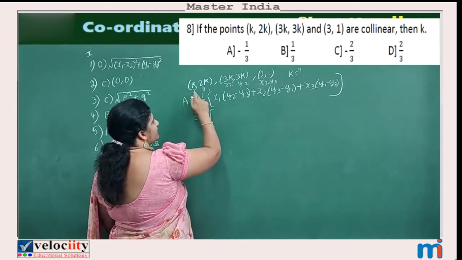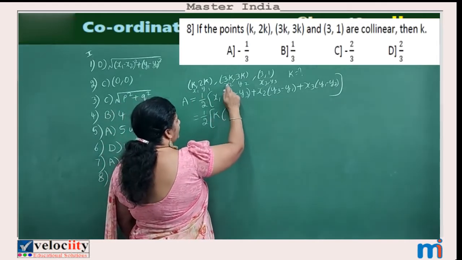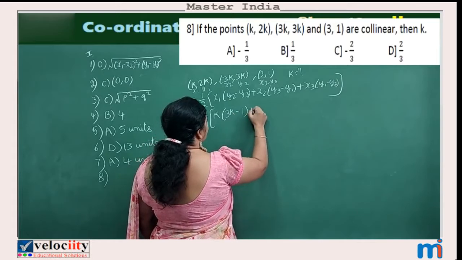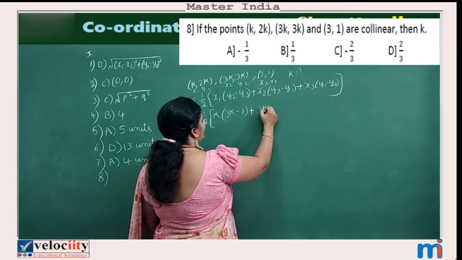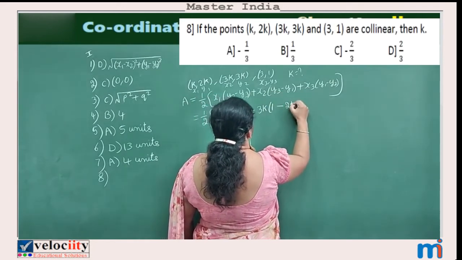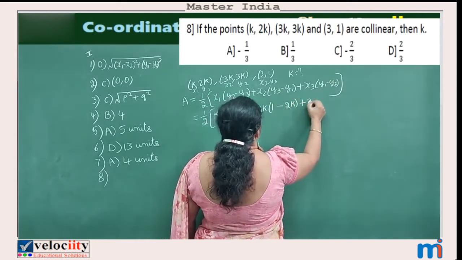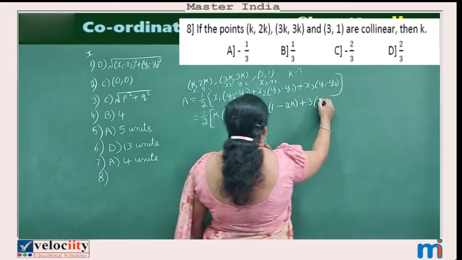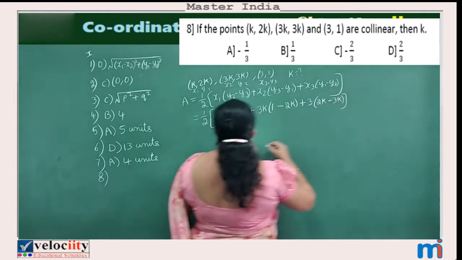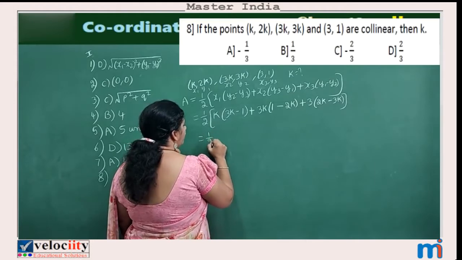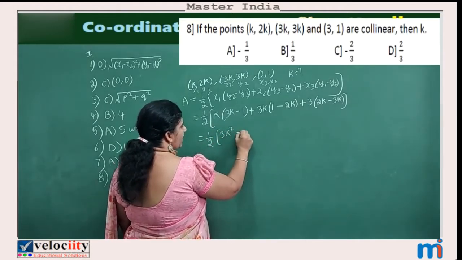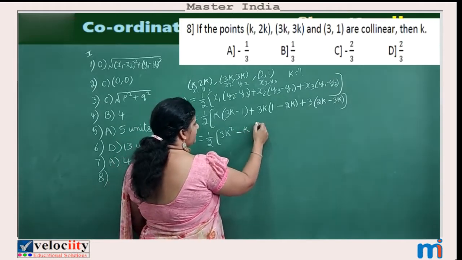Half of x1 value is k, y2 value is 3k, minus y3 value 1, plus x2 value is 3k, y3 value 1, minus y1 value 2k, plus x3 value is 3 into y1 value 2k, minus 3k.